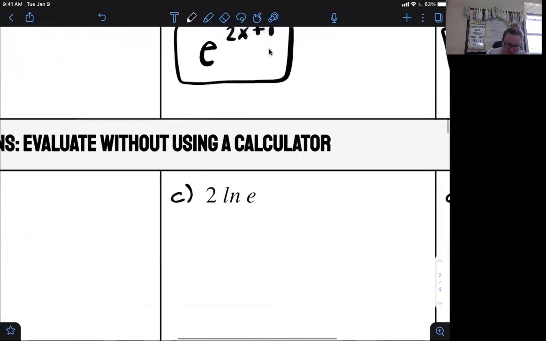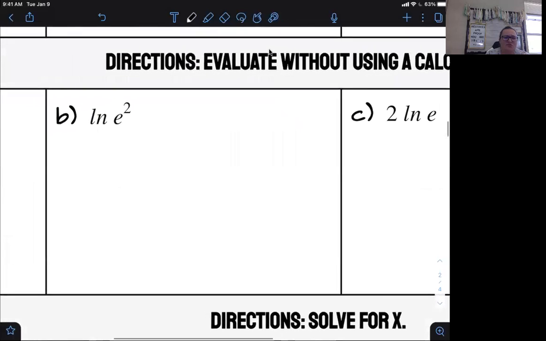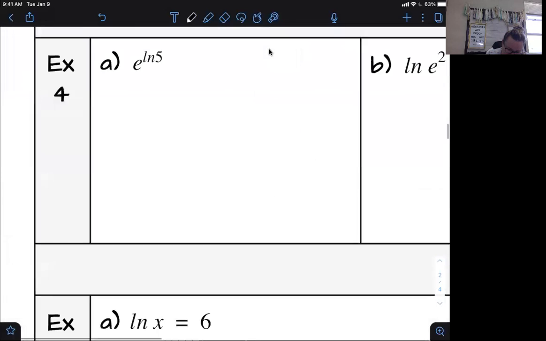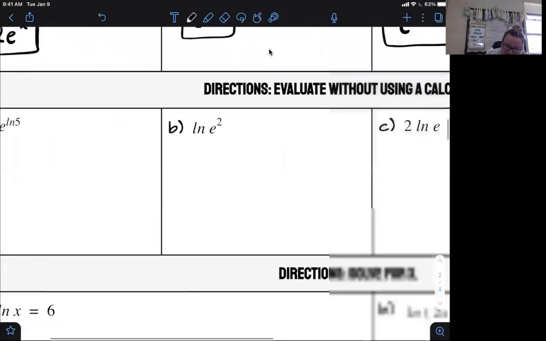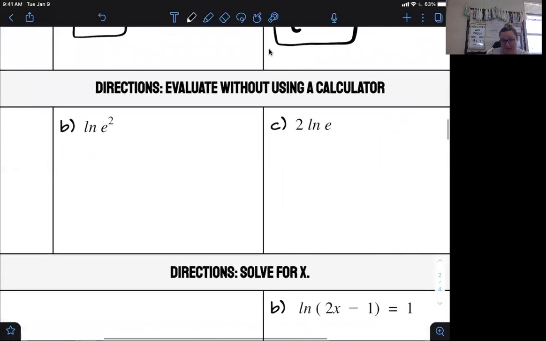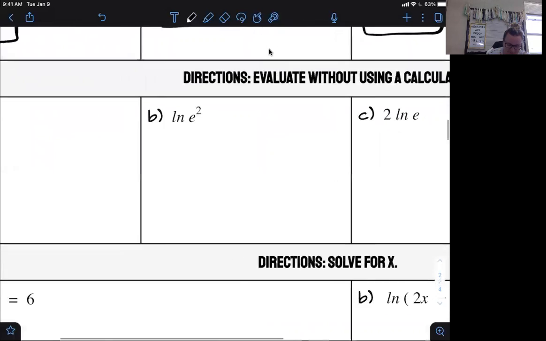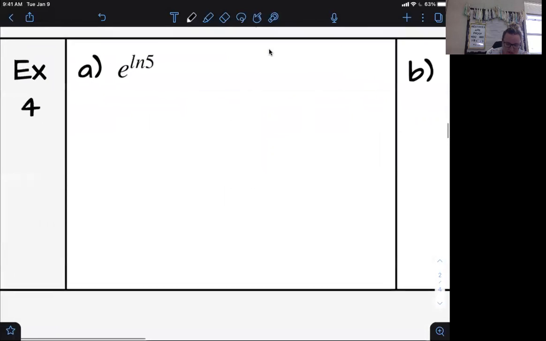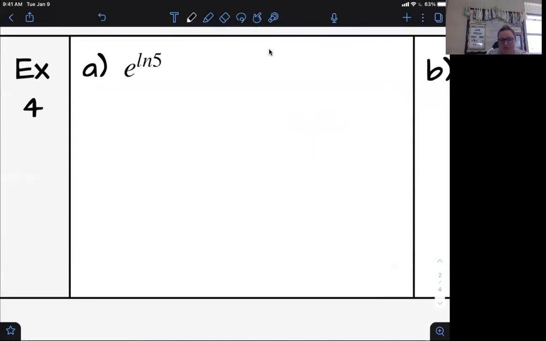All right. So those are just some expressions using the natural number e. Now we're going to simplify when we have e inside the natural log. So when you have e to the natural log of 5, remember this is e to the natural log base e of 5.